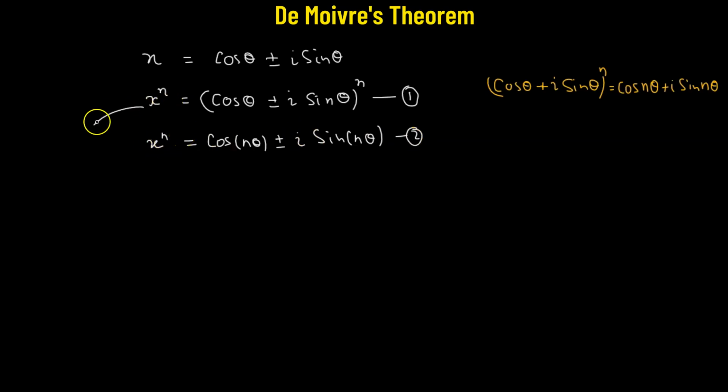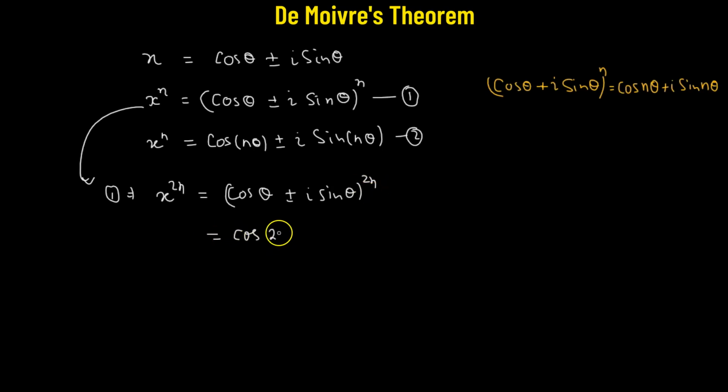And again, using equation number 1, if we raise both sides to the power of 2 as well, we're squaring both sides. So that means x raised to the power of 2n will become equal to cosine of theta plus or minus iota times sine of theta raised to the power of 2n, which becomes equal to cosine of 2n theta plus or minus iota times sine of 2n theta.